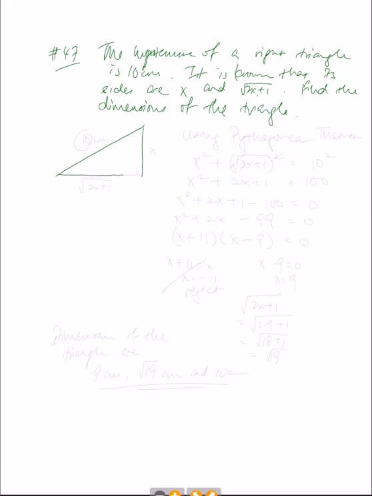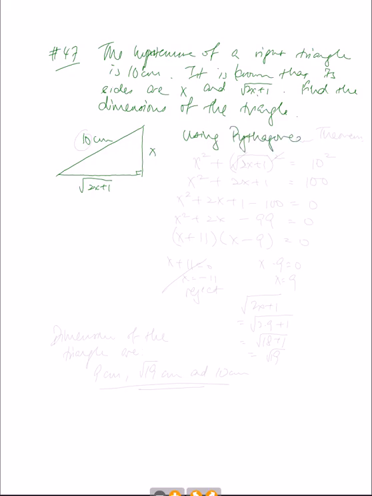Okay, so we have a right triangle, and the only thing we know about the right triangle is that the hypotenuse is 10. The other two sides, we can call x and square root of 2x plus 1. And being a right triangle, all three sides have a relationship, and that's the Pythagorean theorem.